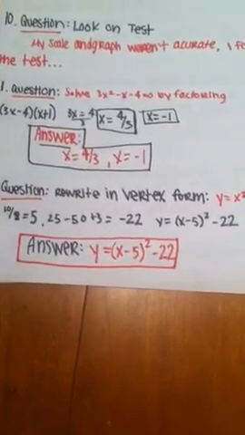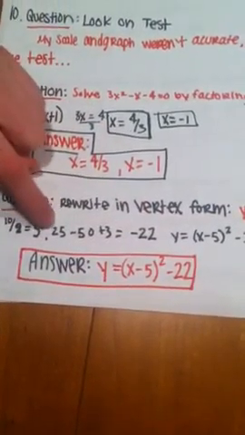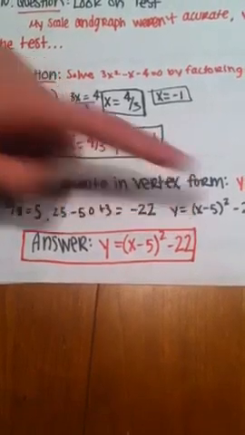So then your final answer is y is equal to x minus 5 instead of the plus 5, squared minus 22.